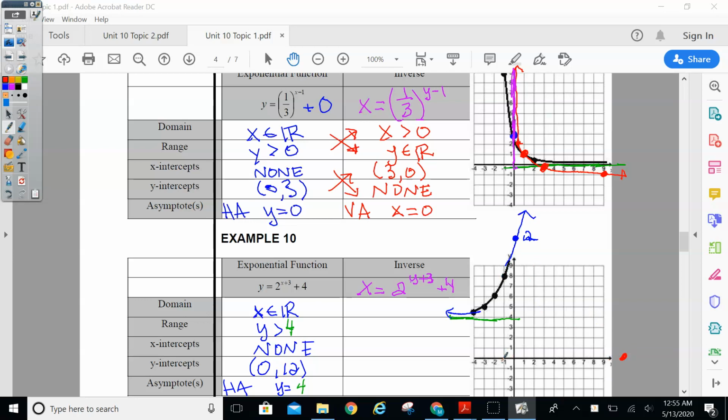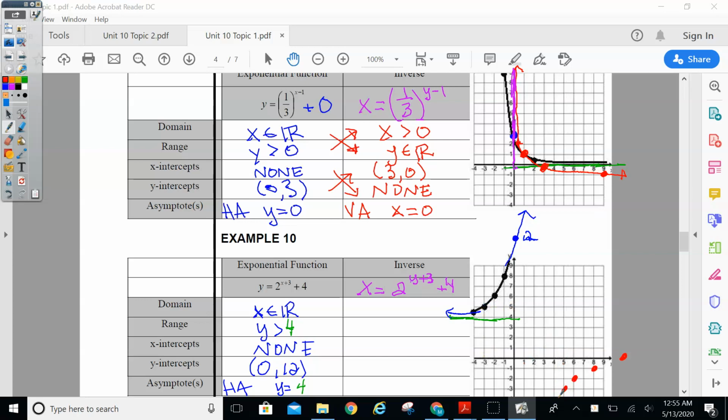This one is at negative 1, 8, so it's going to be at 8, negative 1. This point is at negative 2, 6, so it's going to be at 6, negative 2. And this point is at negative 3, 5, so 5, negative 3.